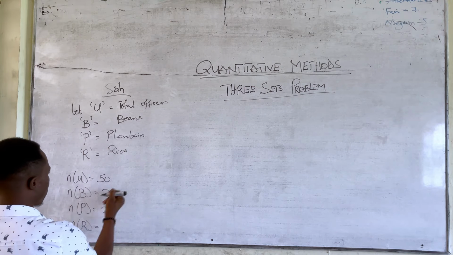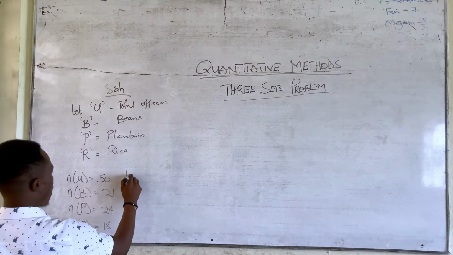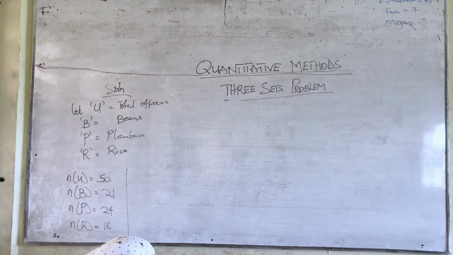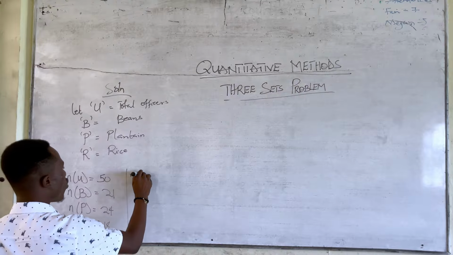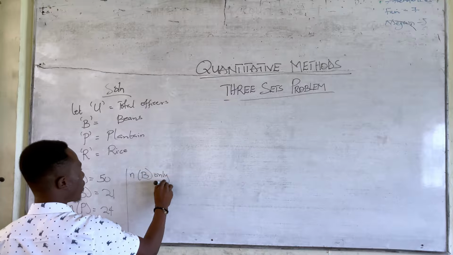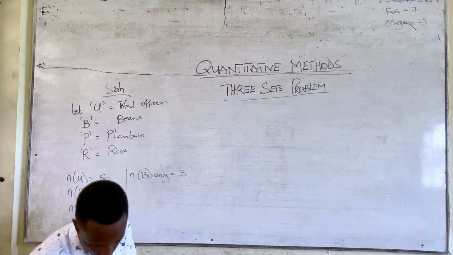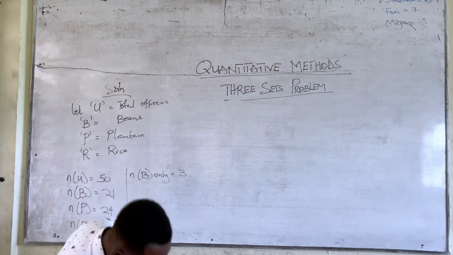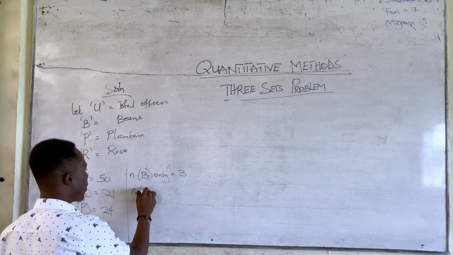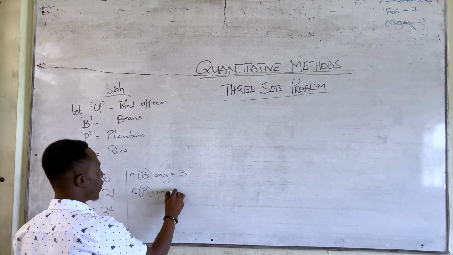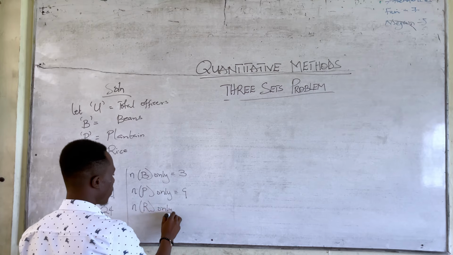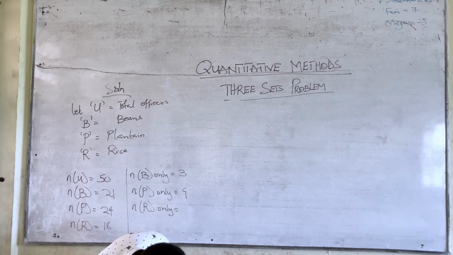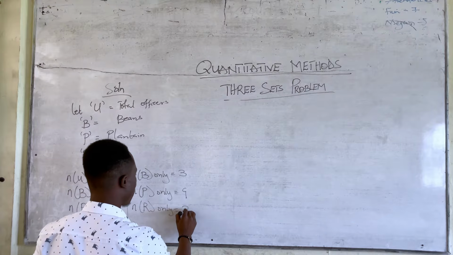So number of B only we have 3, and 9 plantain only, so number of P only we have 9, and number of R only we have 2.